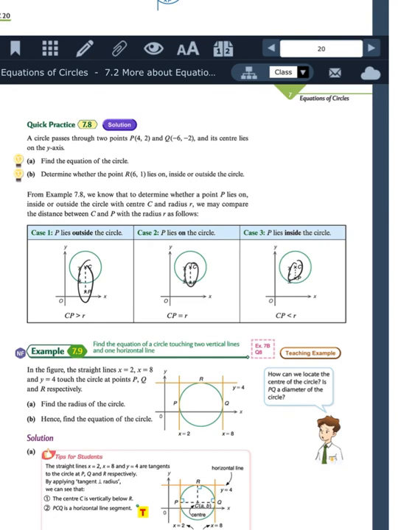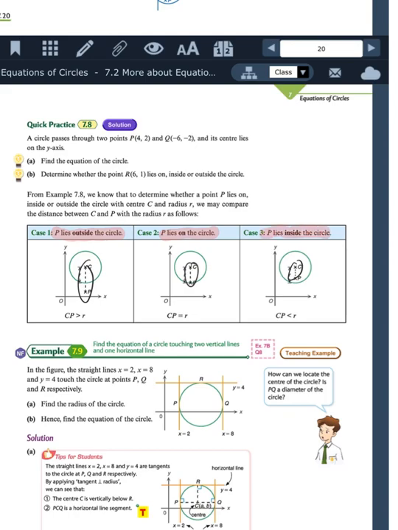If the distance between the point and the center is larger than the radius, then we say the point P lies outside the circle. If the distance equals the radius, we say it lies on the circle. Of course, if the distance between the point and the center is less than the radius, we say the point lies inside the circle.